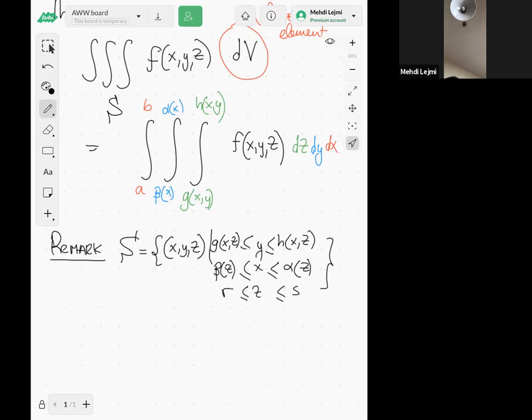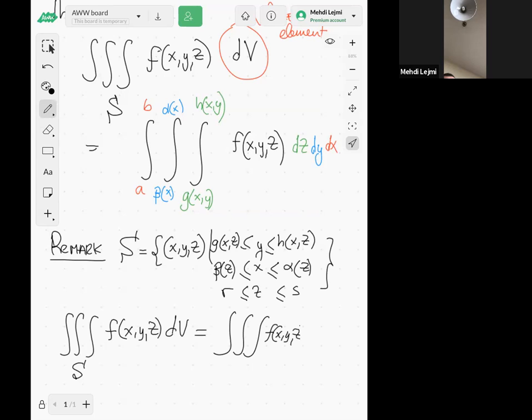When you integrate a triple integral of a function f of x, y, z over this solid S, first you integrate with respect to y, because it's between two functions of x and z.